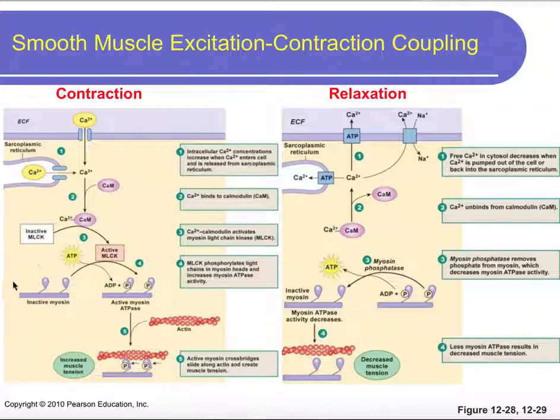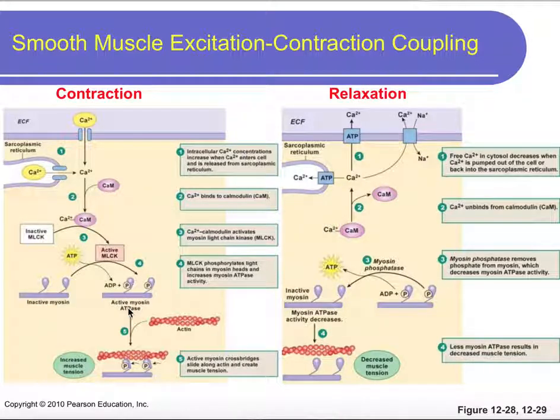So here's our myosin that you're familiar with. This is also known as myosin heavy chain. Right next to it, it's not shown here, is a little protein called myosin light chain. What this MLCK, myosin light chain kinase, does is put a phosphate onto the myosin light chain. Again, it looks like it's putting it onto the purple myosin, which is our myosin heavy chain, but it's actually putting it onto the little light chain that's attached to it.